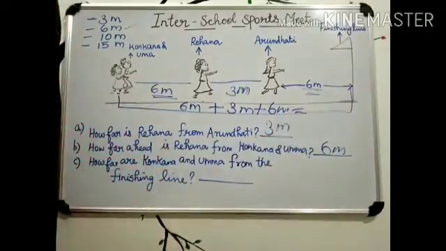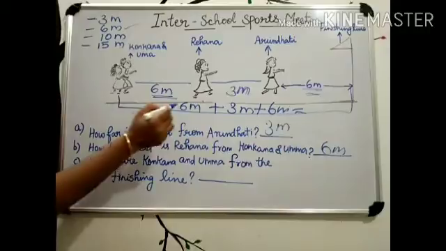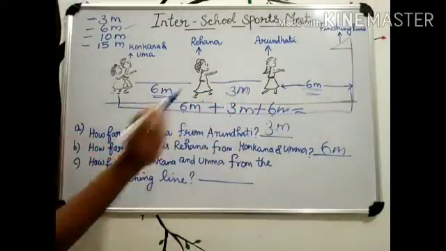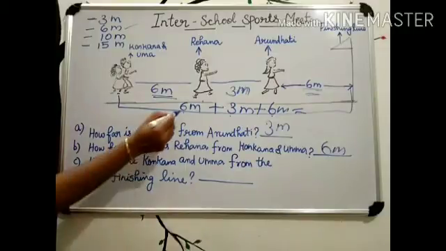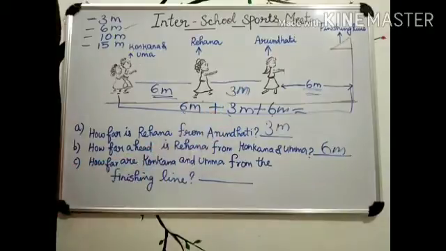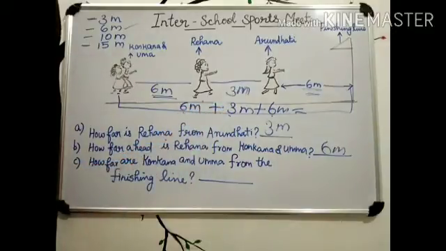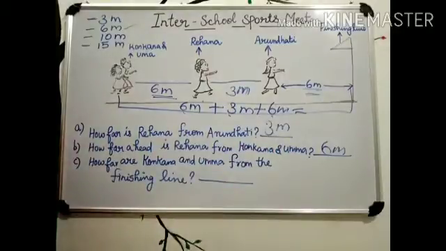So which number did you get to add these three numbers? 6 meter plus 3 meter plus 6 meter. So which number did you get? Yes, 6 plus 3 is what? 9 meter, isn't it? 6 meter plus 3 meter is 9 meter. 9 meter plus 6 meter, 9 plus 6, what is the number?